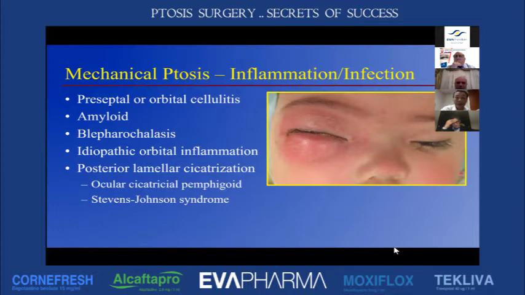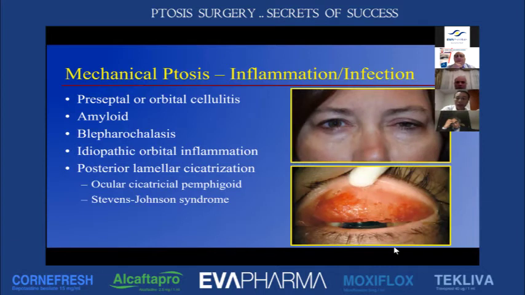Some inflammatory or infectious causes, preseptal and orbital cellulitis, obviously with significant eyelid edema, can cause a mechanical ptosis. This is a patient that I saw a few years ago who had amyloid infiltration of the tarsal conjunctiva that was causing a mechanical ptosis of the left upper eyelid.